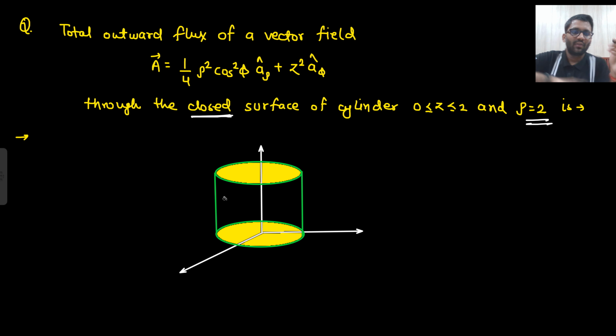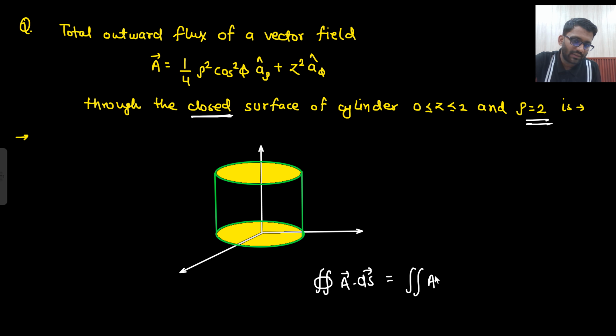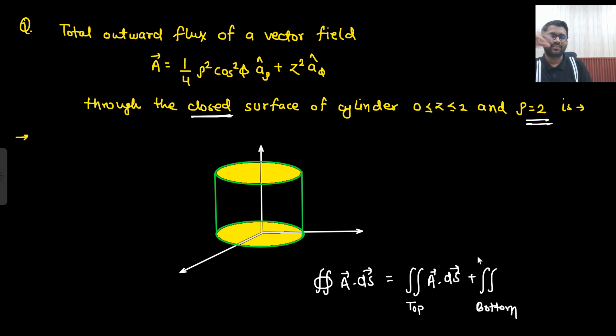Now I need to find the total flux. I need to find A dot dS from top, from bottom. This is not very clear in the statement of the question.